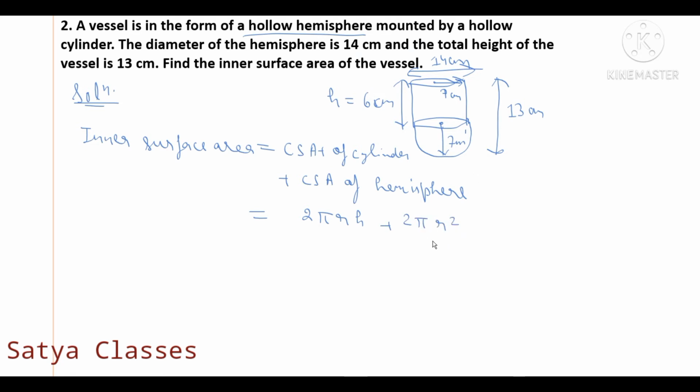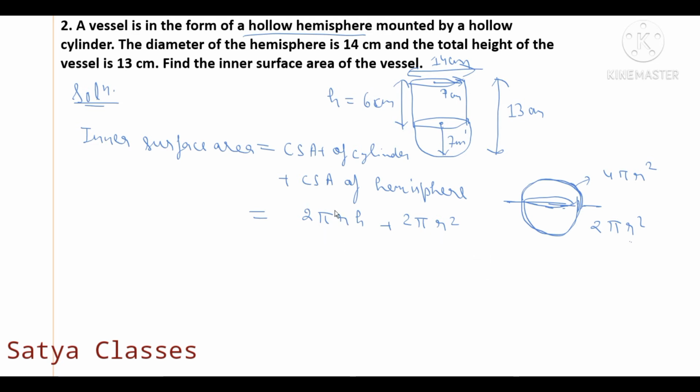If you have trouble with how I am writing this formula, have a look over here. Suppose for a while this is a sphere and I am cutting the sphere in between. The sphere has surface area 4πr², and as you cut it you will get 2πr². So in this way I have written 2πr².